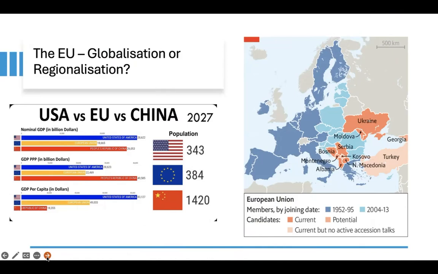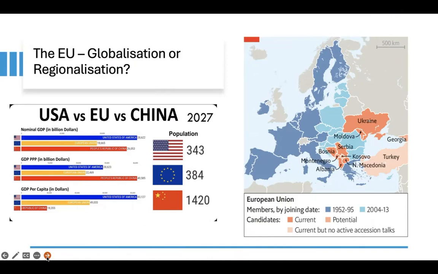Integration is, as we've said, an issue. 24 official languages, 60 regional languages, and the EU hopes to build a framework that allows goods, services, and talents to move freely within that bloc, but not to erase the diversity that there is within there.